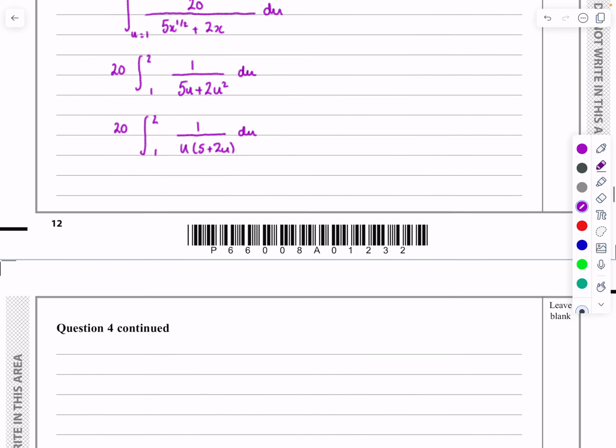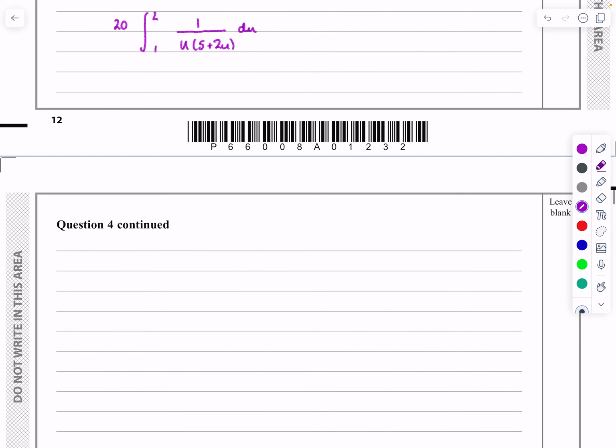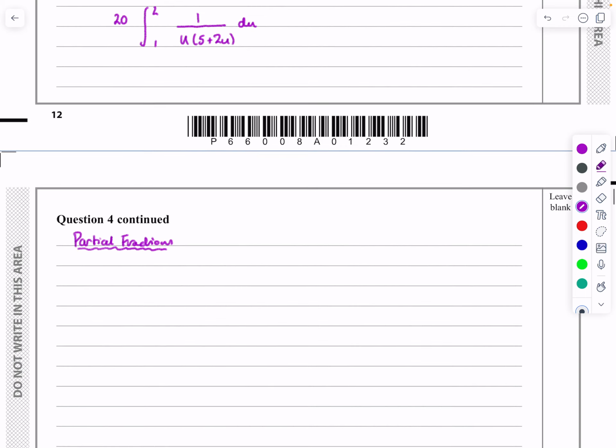So if I'm doing partial fractions, I almost tell them I'm going to do my partial fractions here. So partial fractions, and I've got 1 over u, 5 plus 2u.